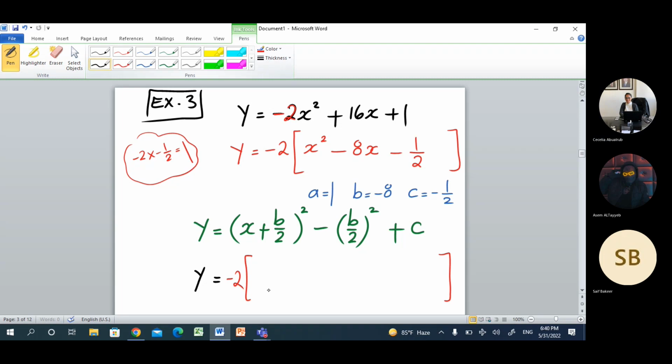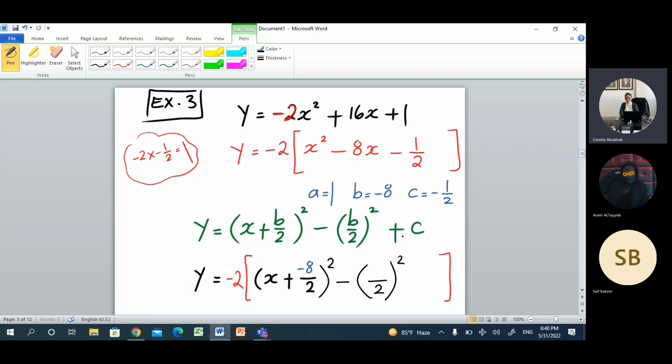So x plus b over 2. What is b? B is negative 8. All right. And to the power of 2 minus b over 2. And again, what is b? It's negative 8 over 2.